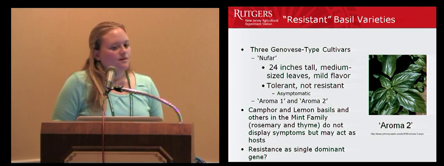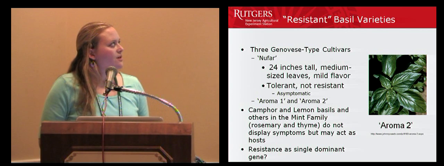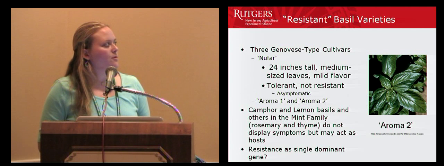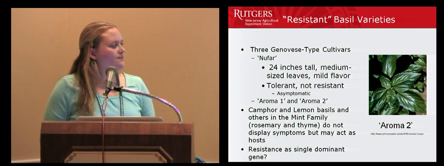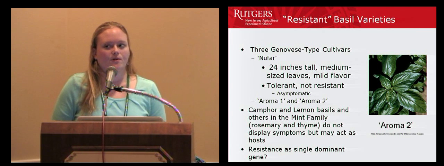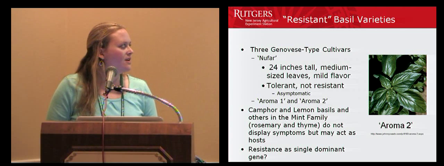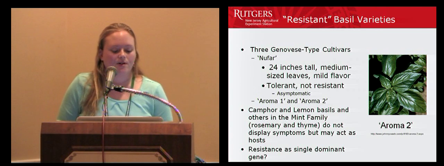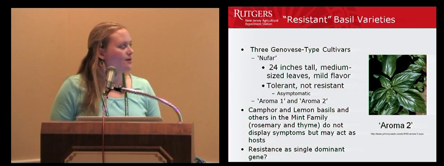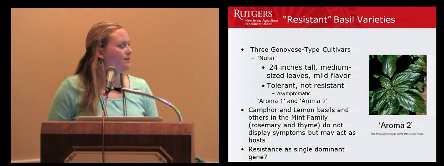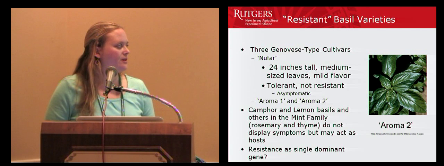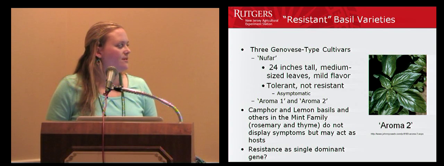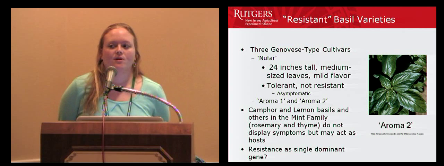So some of the other so-called resistant varieties, one is Aroma 1 and Aroma 2. These are the Genovese type cultivars, and a lot of them are used in production. It's important to note here that the camphor and lemon basils and others in the mint family, such as rosemary and thyme and many other important herbs that are grown, they do not display the symptoms, but they act as hosts.